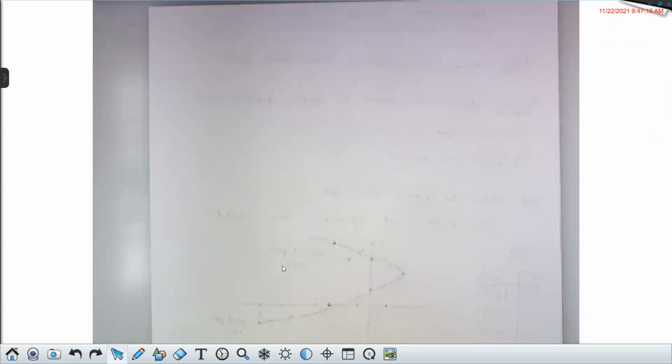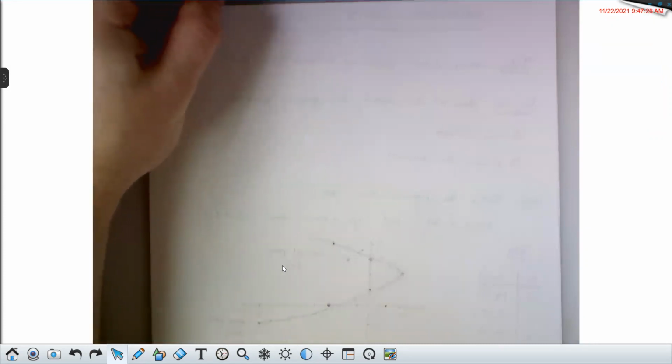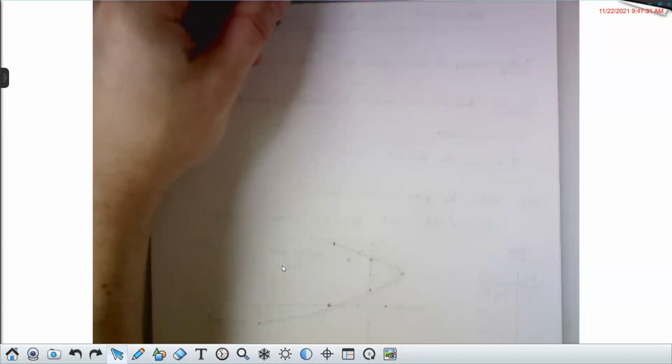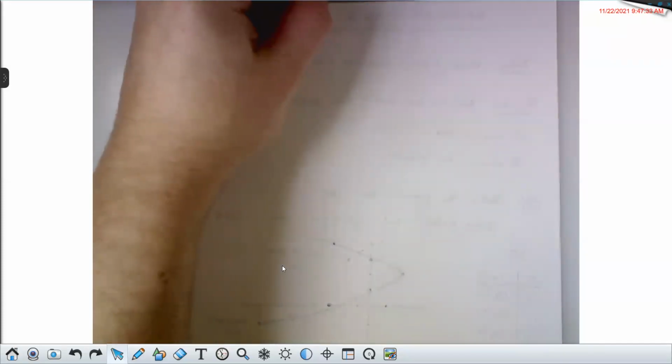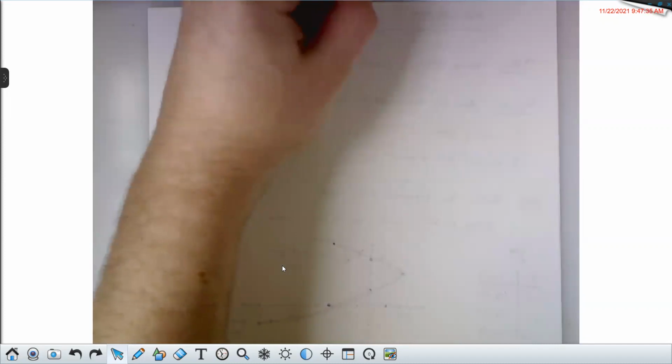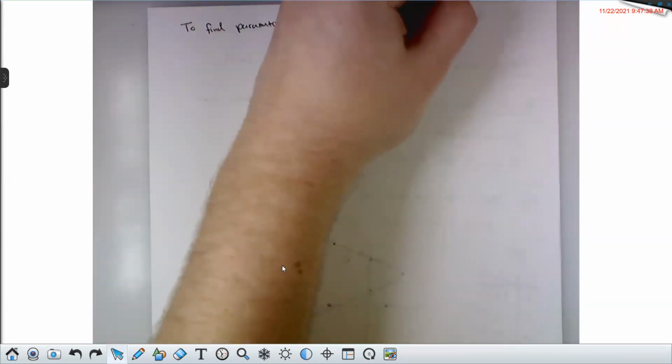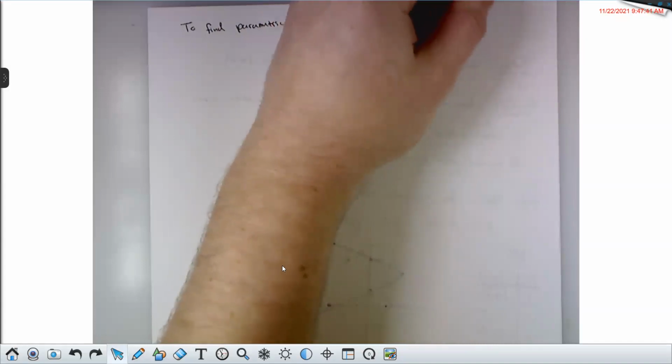The simplest way: find parametric equations for a curve y equals f of x.